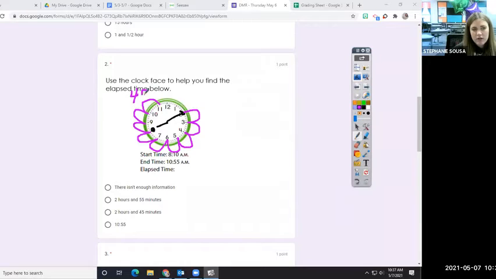This is 45 minutes, and it would still be in the 8 o'clock hour. Okay, so that'd be 45. Now we're going to move our hour hand up to the 10. 1 hour, 2 hours. So that's 2 hours. So our correct answer is 2 hours and 45 minutes.